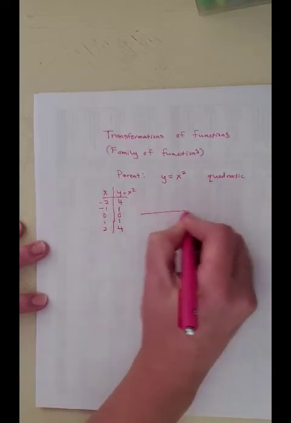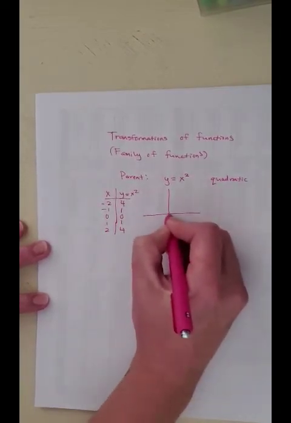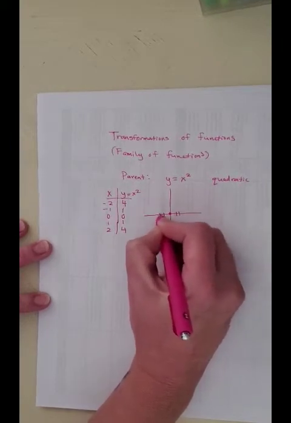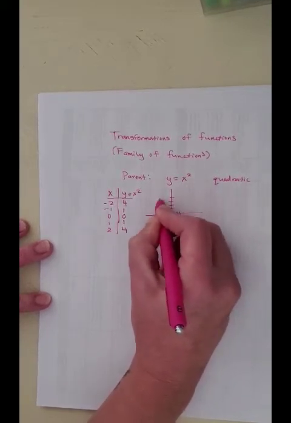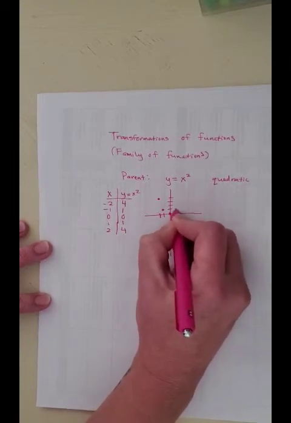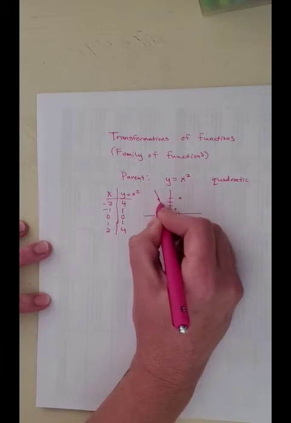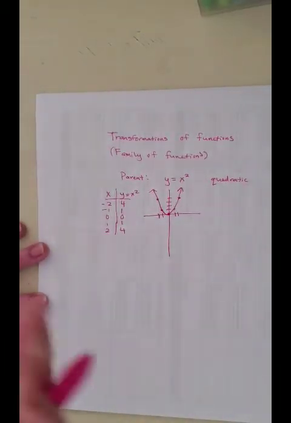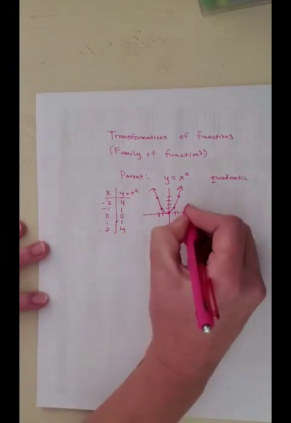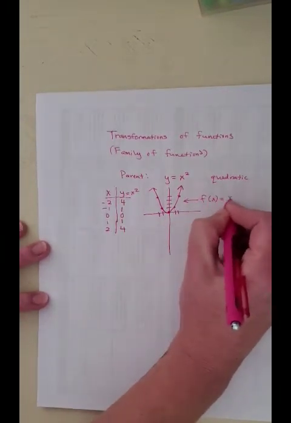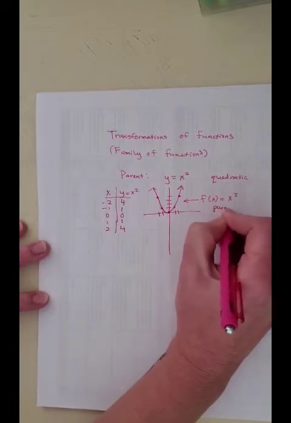Then we graphed this parent function at (0, 0), (-2, 4), (-1, 1), (1, 1), and (2, 4). This was called the parent function, and the parent function for quadratics is always this, f of x, or y equals x squared.